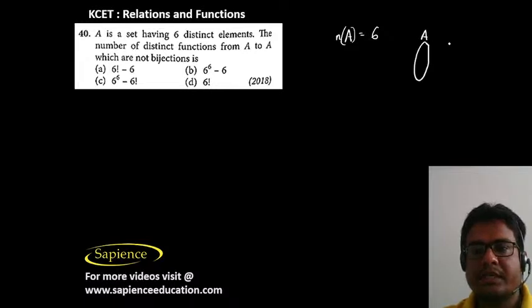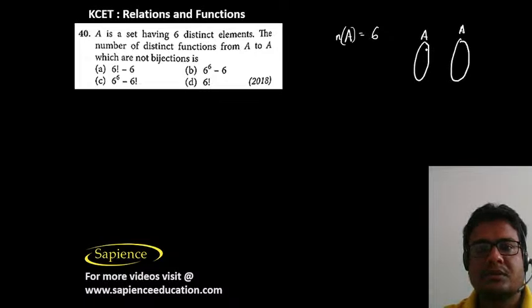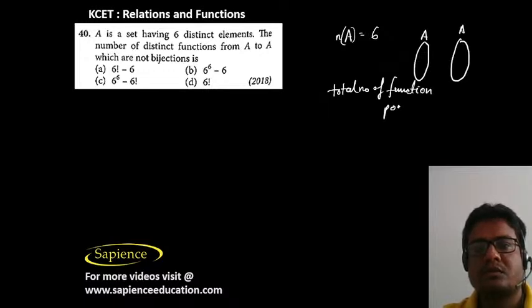So from the set A, the total number of functions possible will be 6 power 6. Since why?